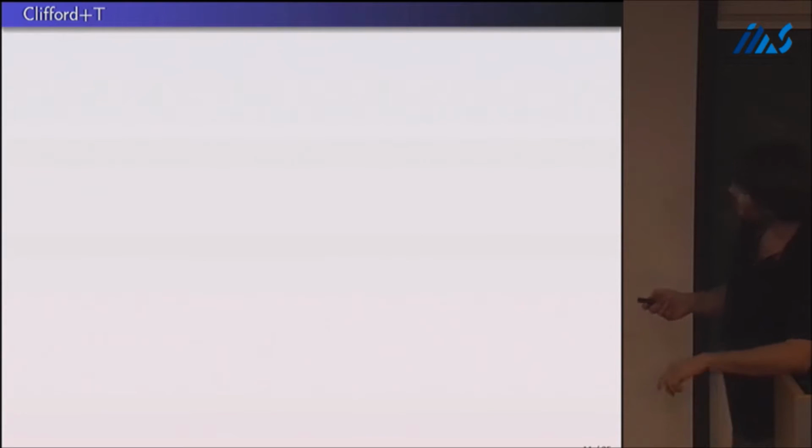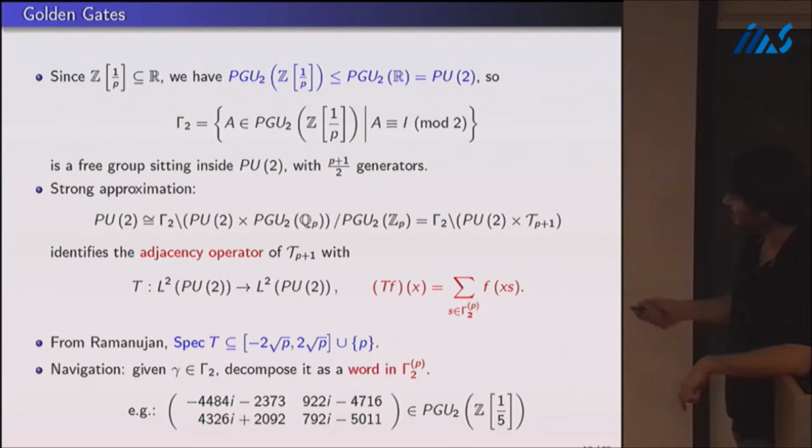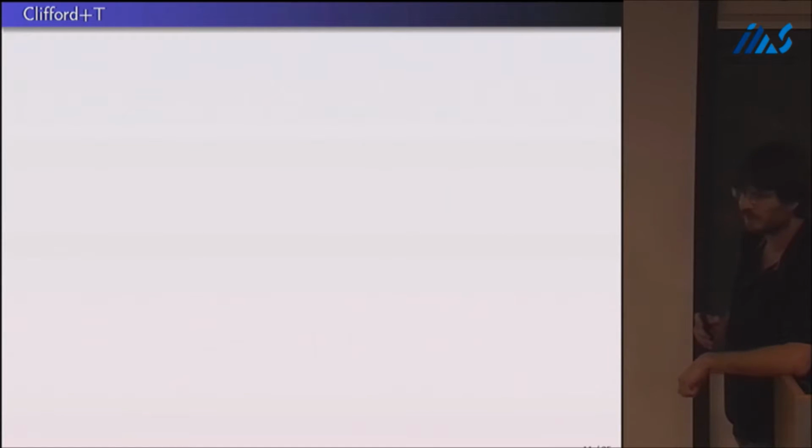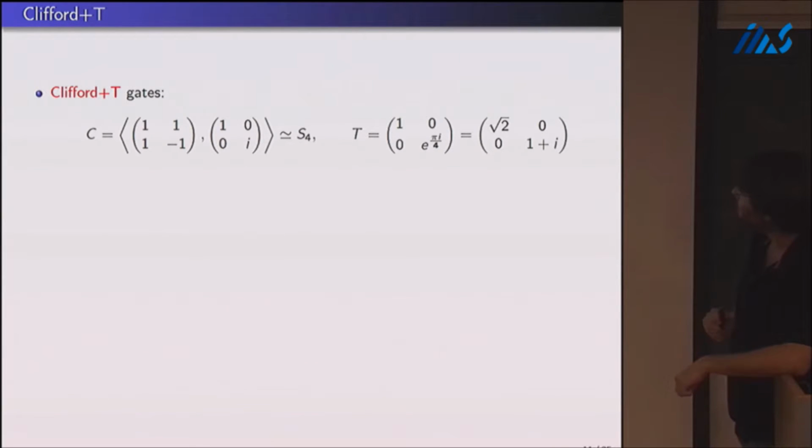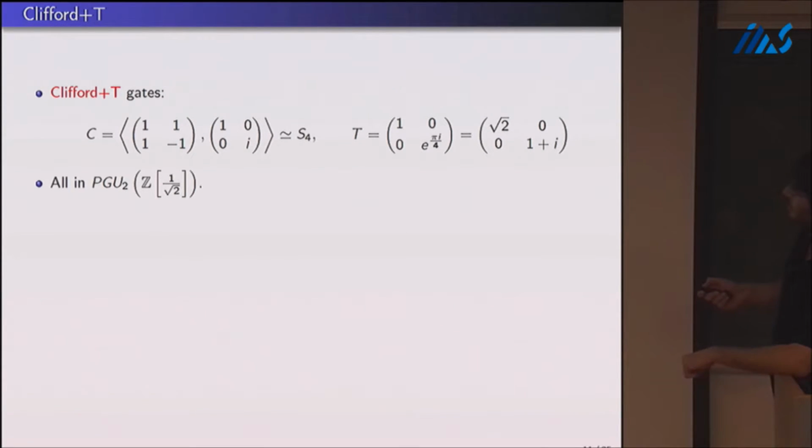Okay, the actual quantum computing people don't like these gates. They like the Clifford+T gates. So you heard yesterday that the Clifford group is a finite group of order 24, and this is the T gate. And these are all matrices in the unitary group over Z when you add the inverse of the square root of 2.